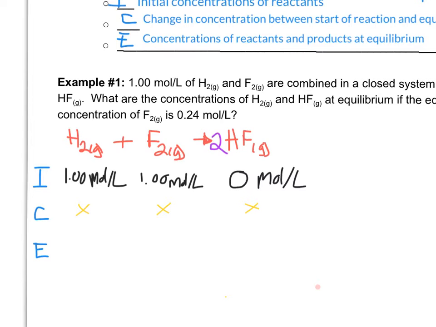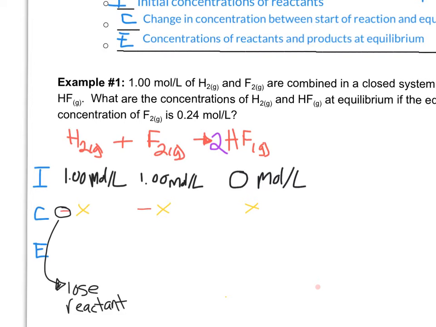Now, when we're looking at our reactants, we know we're going to lose reactants. So that means that we're actually going to have a negative X for our reactants. If you need to, you can make yourself a little note and say this is negative because we lose reactant.